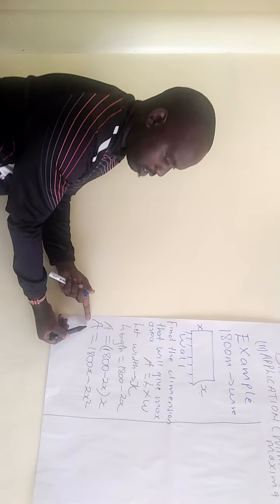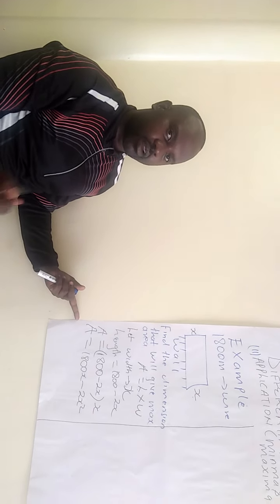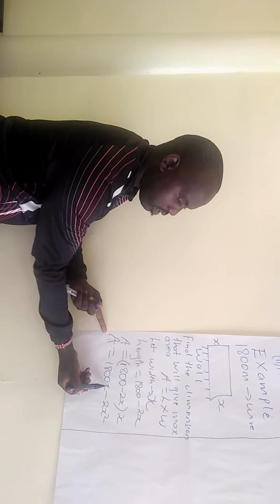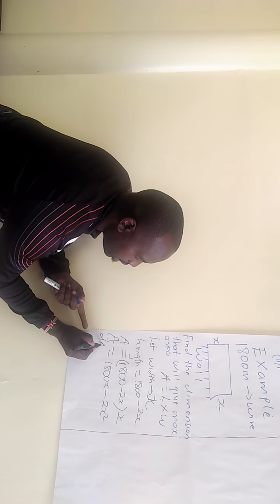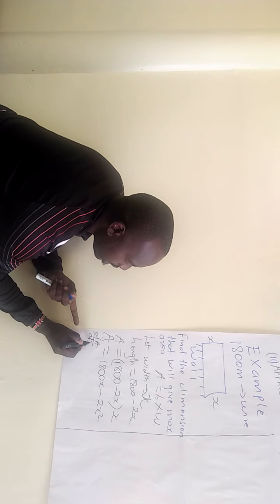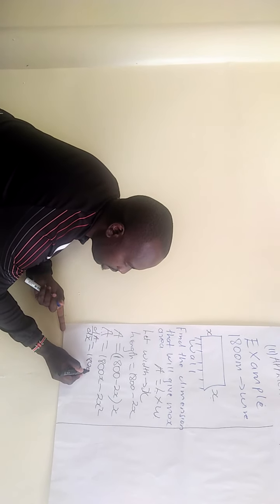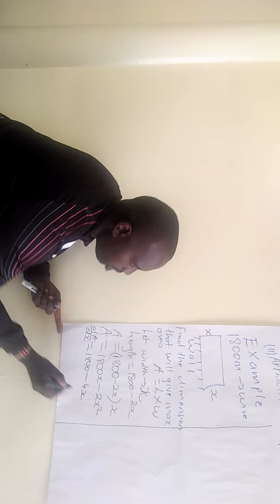This is the expression for area. For us to get the dimension, we differentiate area with respect to x, so we get dA/dx, which will be 1800 minus 4x.